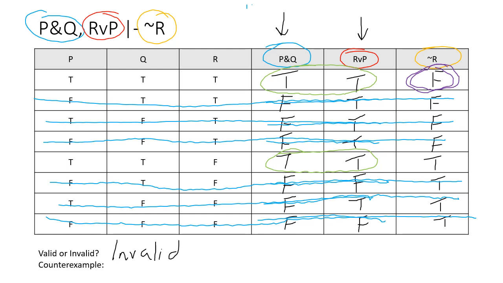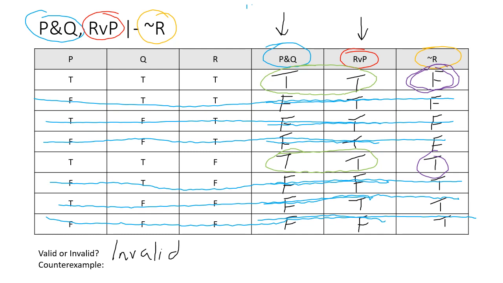And you might say, well, how come it's got to be invalid? Because we've got another instance down here in which the premises are true and the conclusion's true. How do we know it's invalid? Well, we know it's invalid because it only takes one instance in which you have all true premises and a false conclusion to make it invalid.